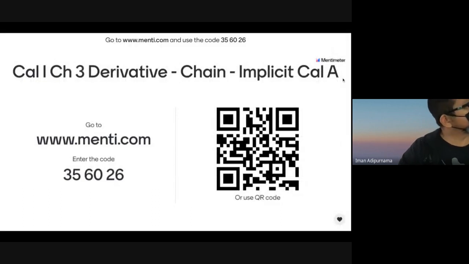And if you want to use this kind of method, maybe with your friends, or if you have an activity with a club, or organizations that you're actively involved in, this kind of tool can help you interact with the other members, right?